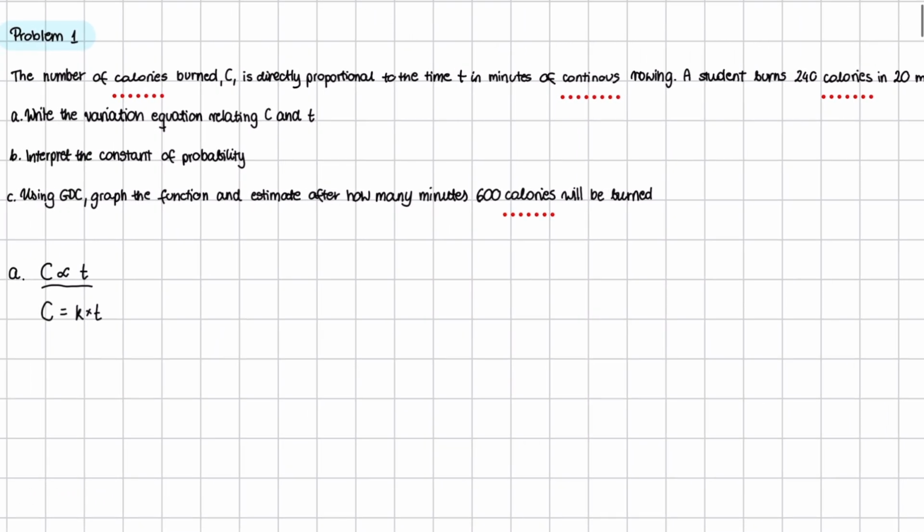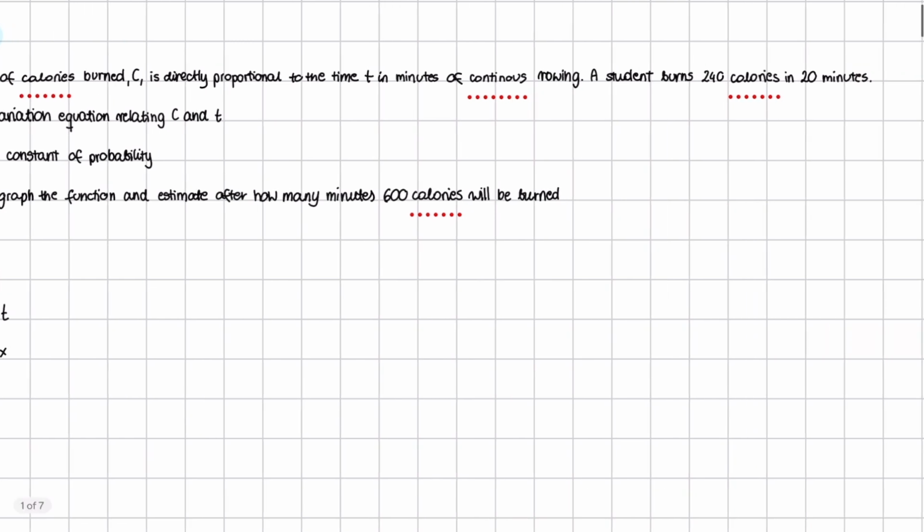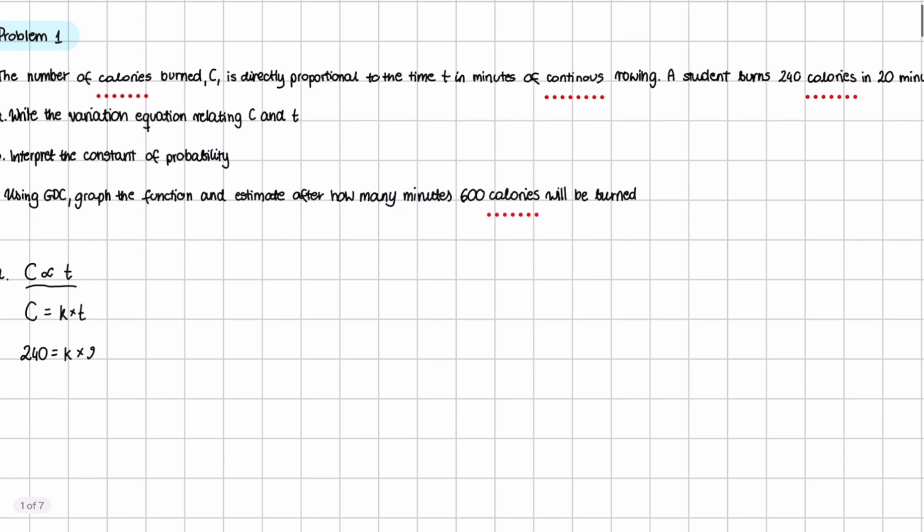We just need to substitute these values into our equation. So C is calories, so 240 equals K, our factor, we are looking for it, so it stays the same, times 20 minutes, because our T is in minutes.